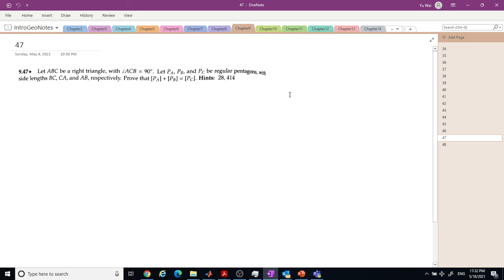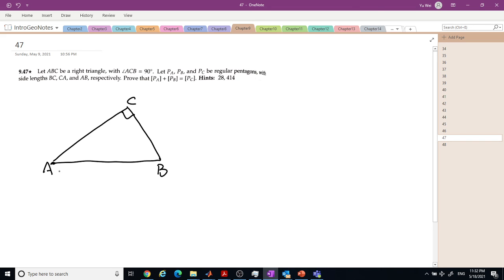So this one we have angle ACB is 90 degrees. Then the sides are regular pentagons. So we get a regular pentagon on all the sides.